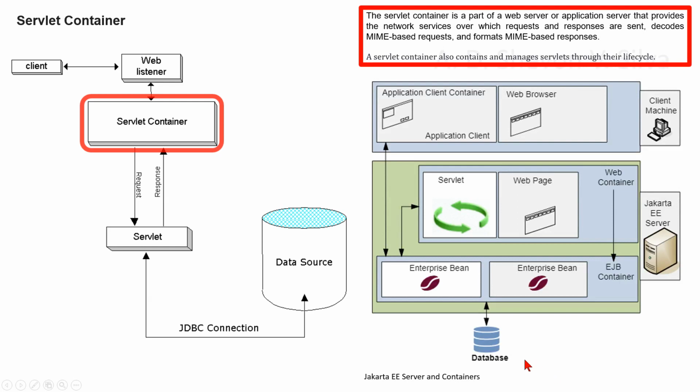Here you can see Jakarta EE servers and containers. Normally, thin-client multi-tiered applications are hard to write because they involve many lines of intricate code to handle transaction and state management, multi-threading, resource pooling, and other complex low-level details.